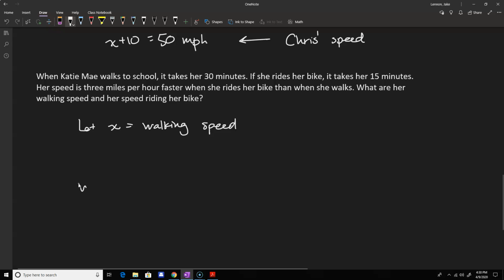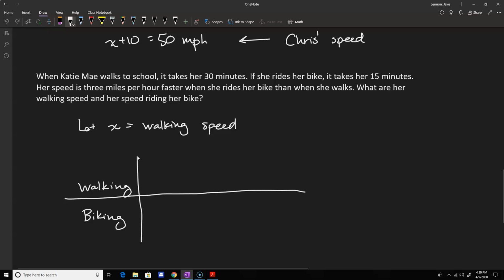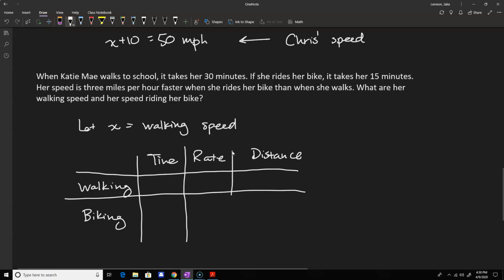So that's where we get our two. So we have walking and we have biking. And then we still have the same labels on the top, distance, rate, and time. Or I do it, time, rate, and distance. Doesn't really matter which order you write them in, so long as you make sure that when you multiply your rate and your time, you get your distance.